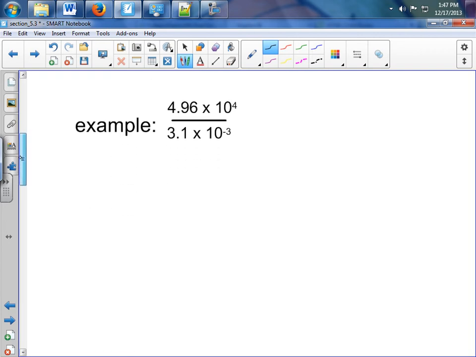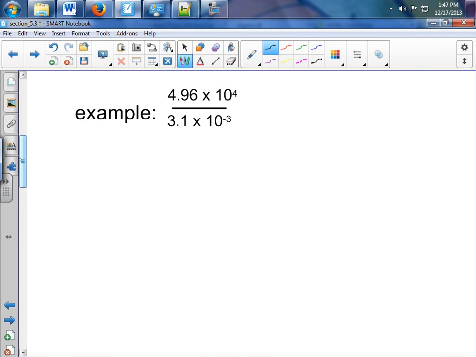Now we can also divide them. Again, you take these numbers and divide them first, and then we worry about the tens. So you take 4.96 divided by 3.1, which is 1.6. Now we have to do the tens.